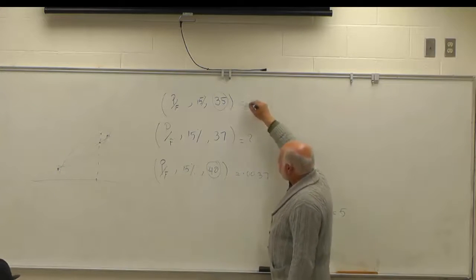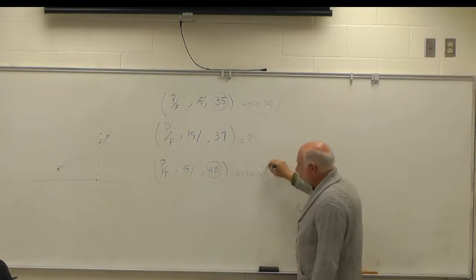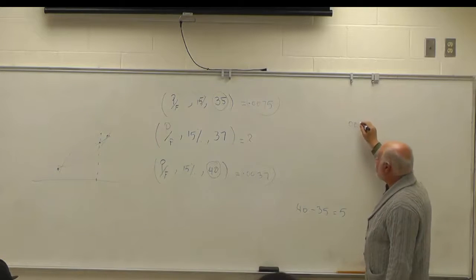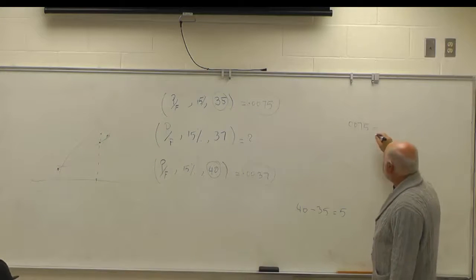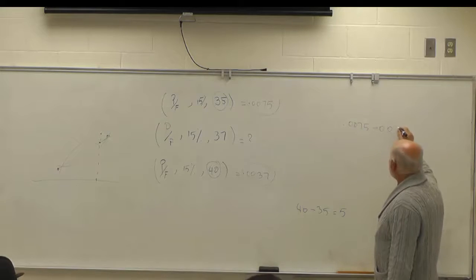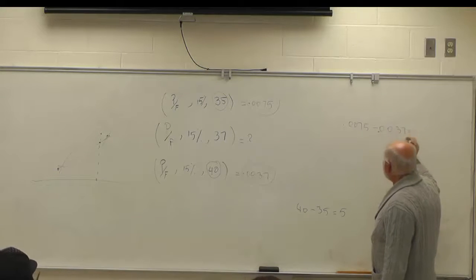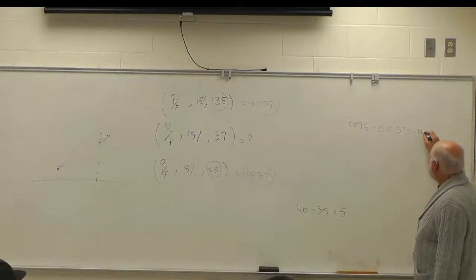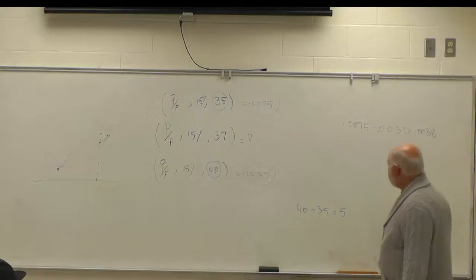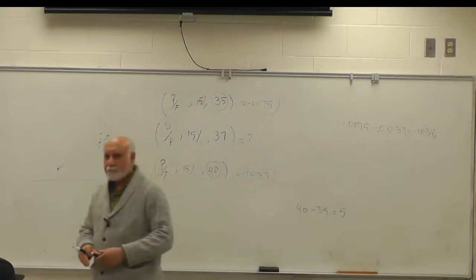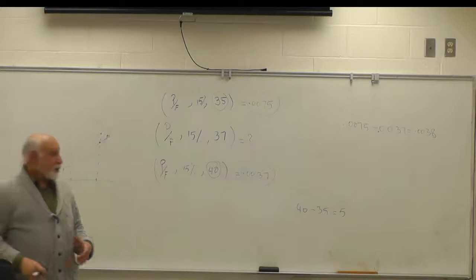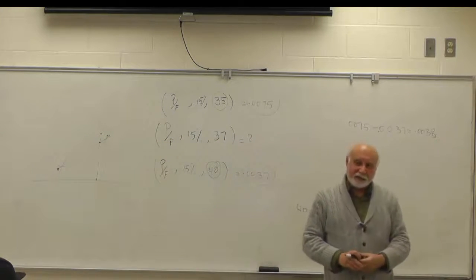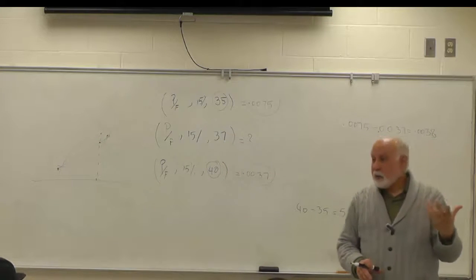Then you subtract these two numbers from each other. So I'm going to do 0.0075 minus 0.0037, which would give me 0.0038. Is that correct? That is the difference. So for 5 years, there's going to be this much difference. How much is it for 1 year?